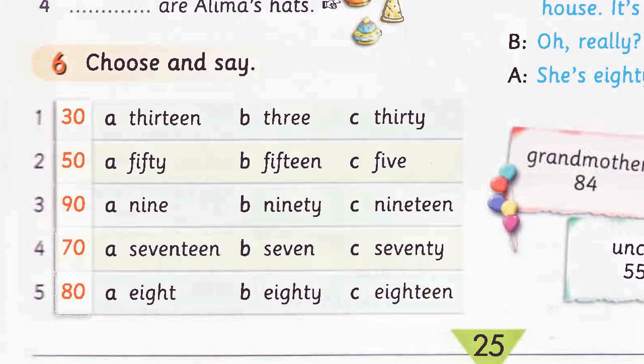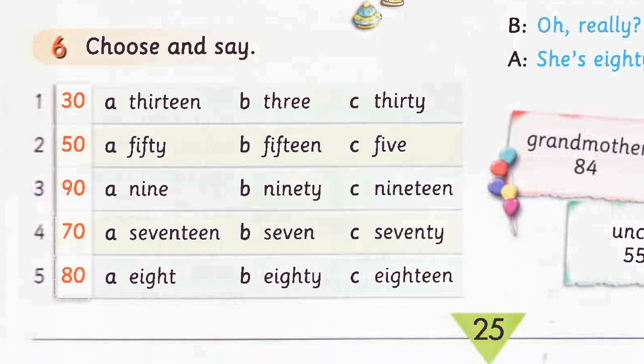Okay, let's check your answers. Number 1. What's this number? A, 13. B, 3. Or C, 30. Which one did you choose? C. Well done. Good. Okay. How about number 2?